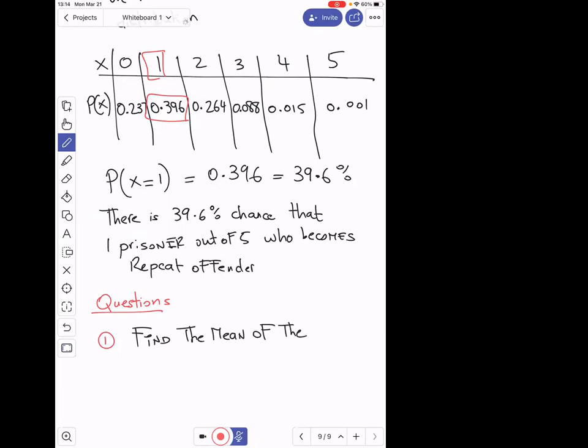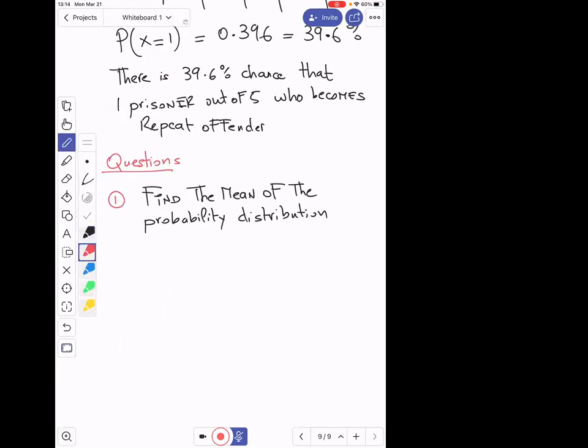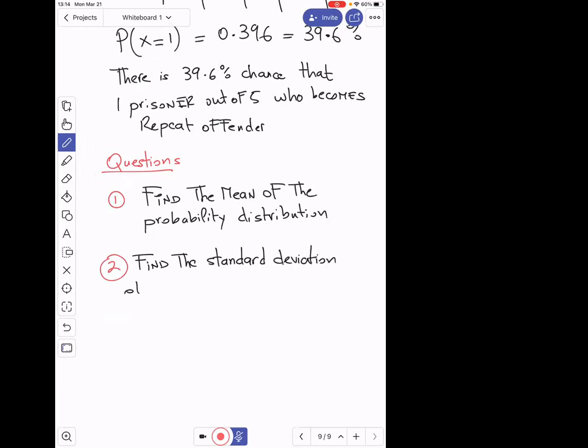Second, find the standard deviation of this probability distribution.